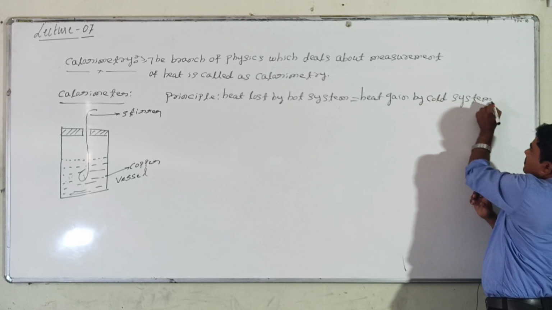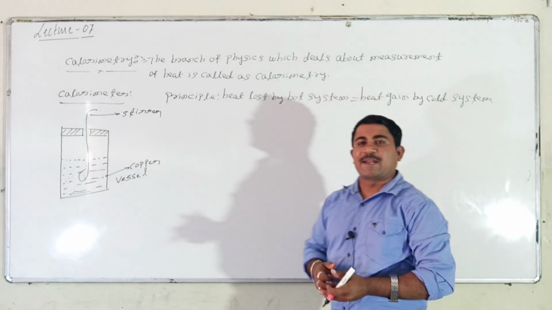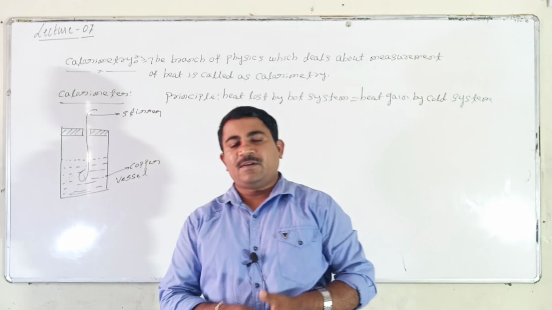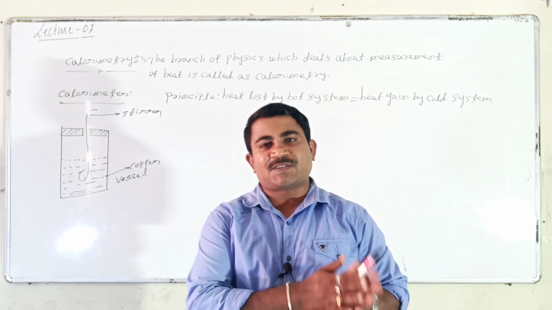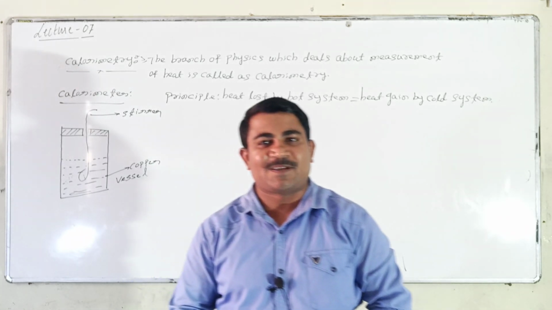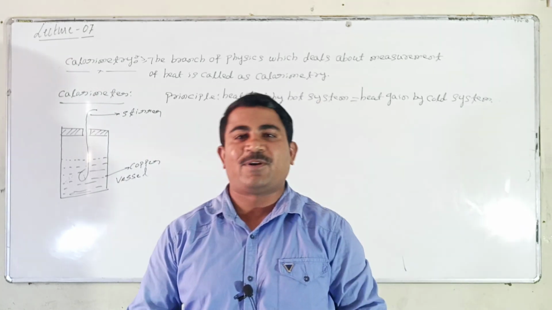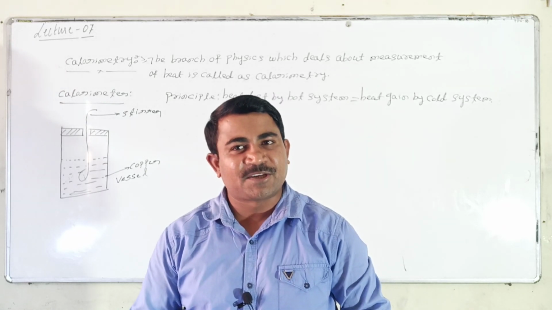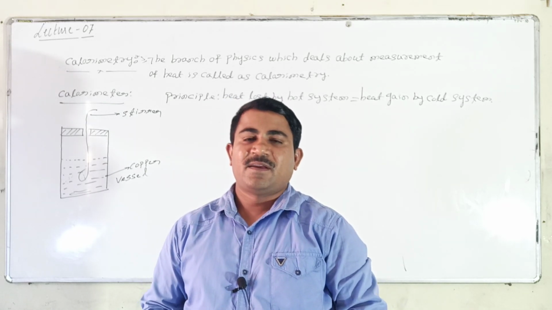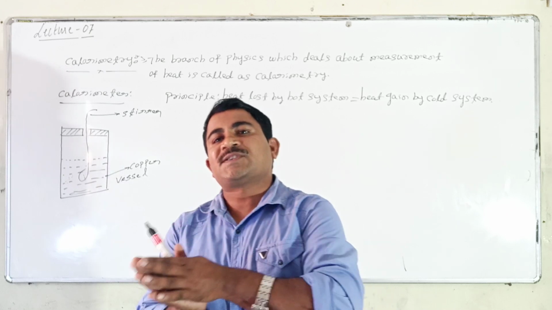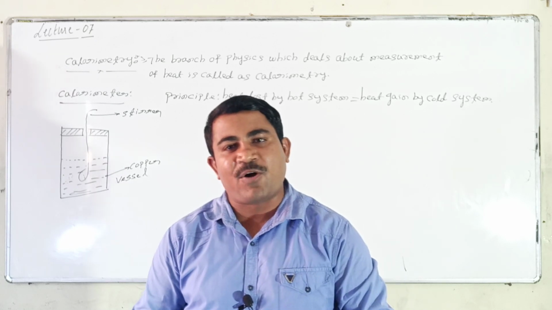This is the principle of calorimeter. We already said that when the hot system is made to physically contact the cold system, heat transfers from the hot body to the cold body until the temperature of both systems becomes the same. That temperature we are calling the common temperature.